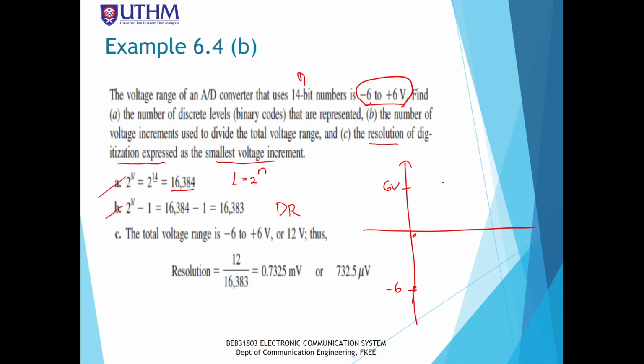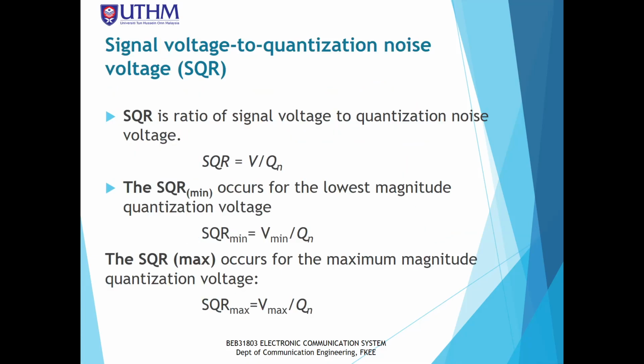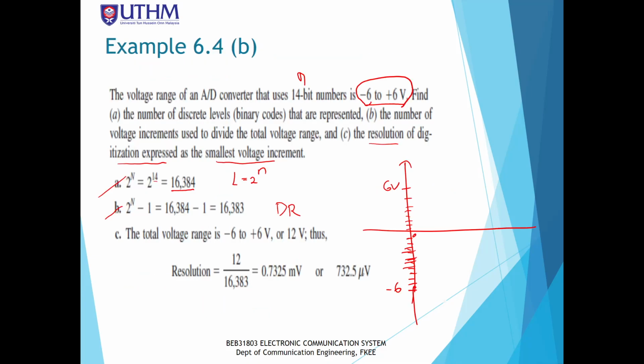So question B is asking how many steps we need to assign the voltage between the range from -6 to 6, excluding the 0 volt, excluding the x-axis.